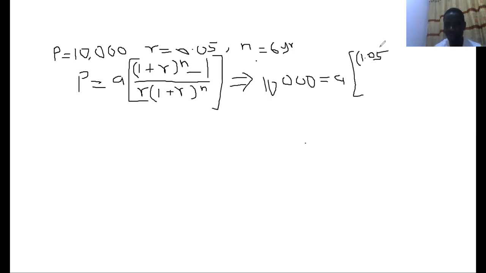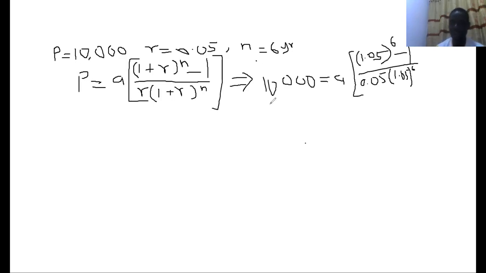So 1.05 raised to 6, minus 1, over 0.05 multiplied by 1.05 all raised to 6.